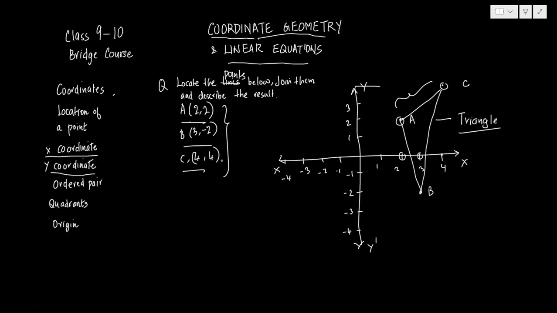And all of this is based on the knowledge of these 2 sets of coordinates called the Cartesian coordinates, the x-axis and the y-axis. As long as you know how to locate points on the x-axis, y-axis, you know enough to continue with your Cartesian or coordinate geometry in class 10.